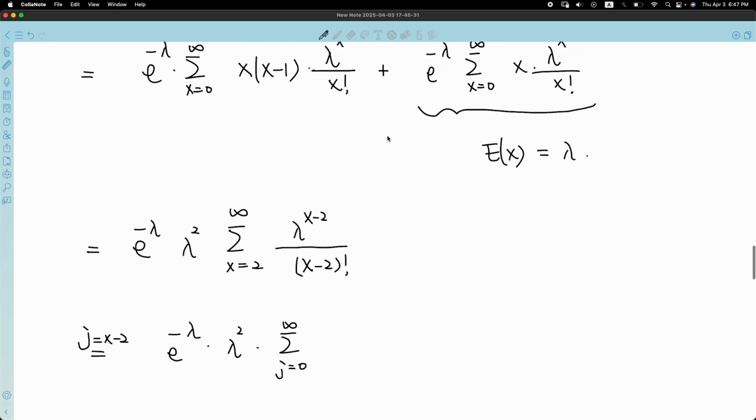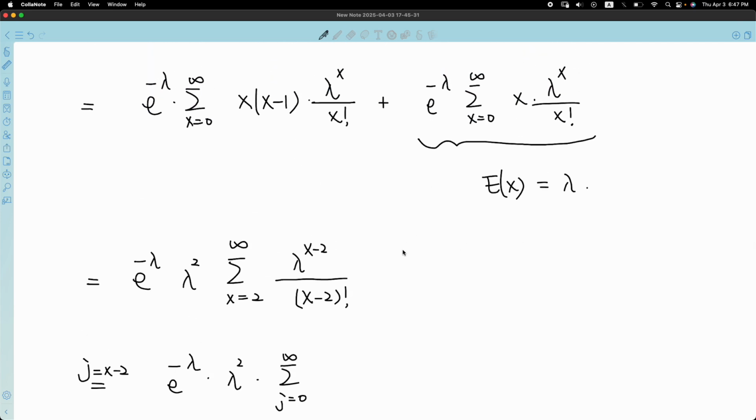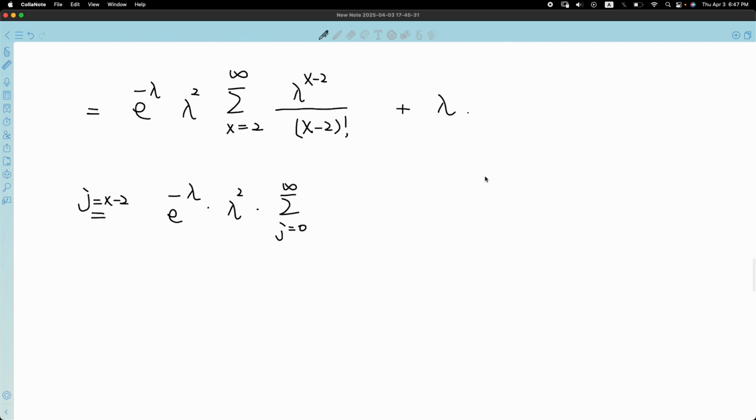Don't forget there's another lambda here. That's the second part. We already know the answer, but just make it complete. Lambda to the power of j over j factorial. Make the change to e to the lambda.